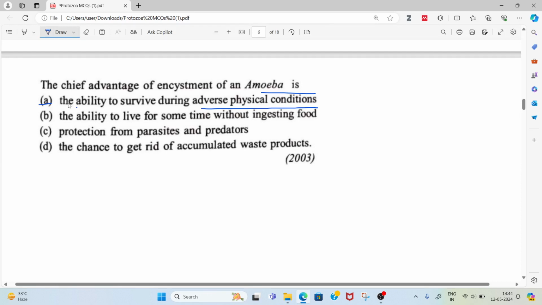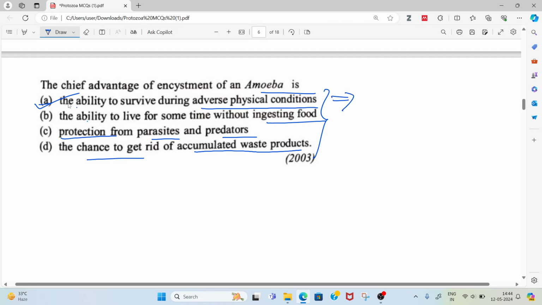Option B, the ability to live for some time without ingesting food. Option C, protection from parasites and predators. And option D, the chance to get rid of accumulated waste products. Among them, option A is correct.